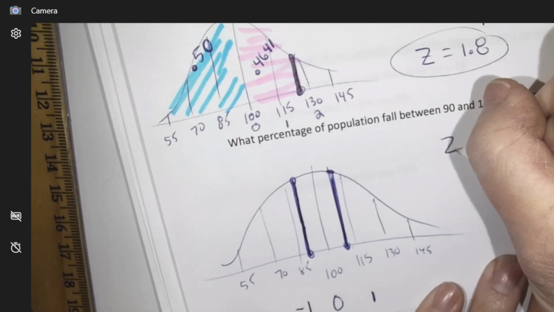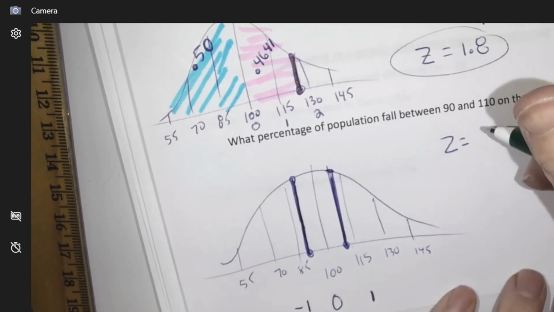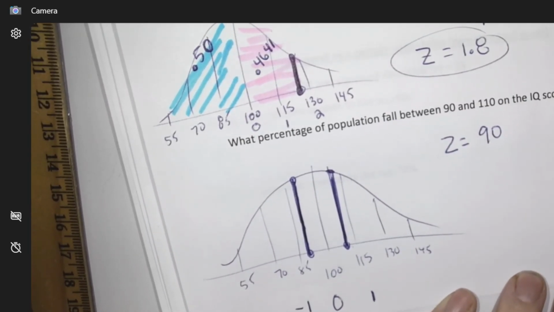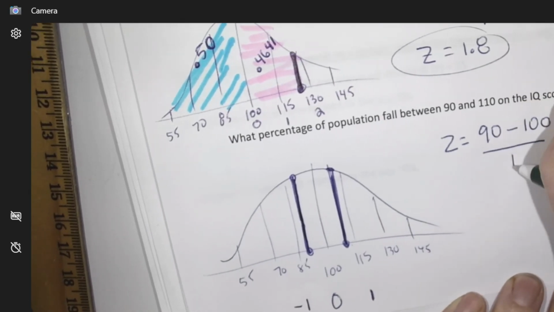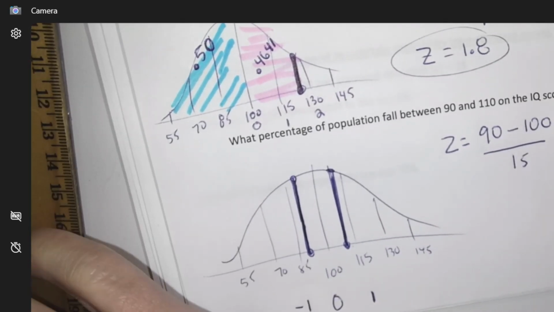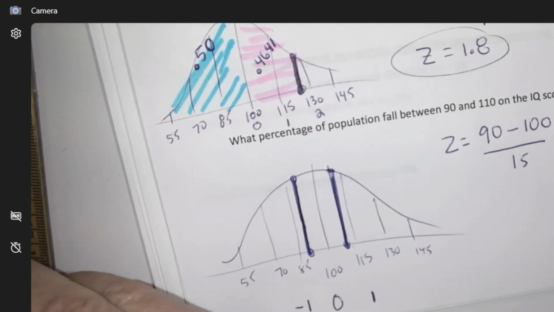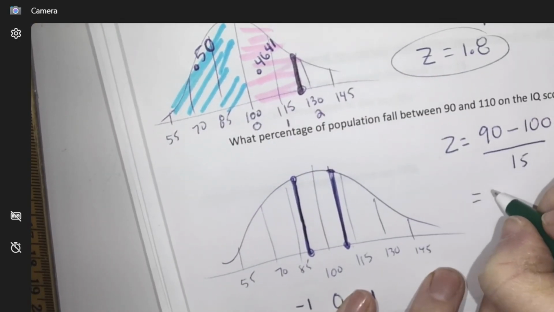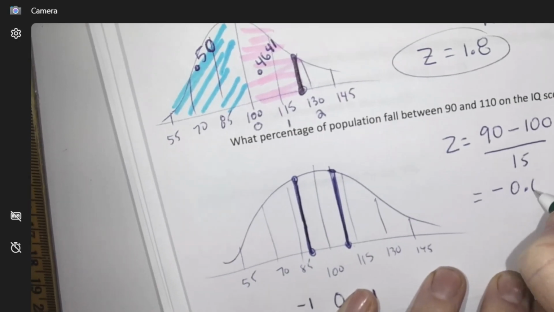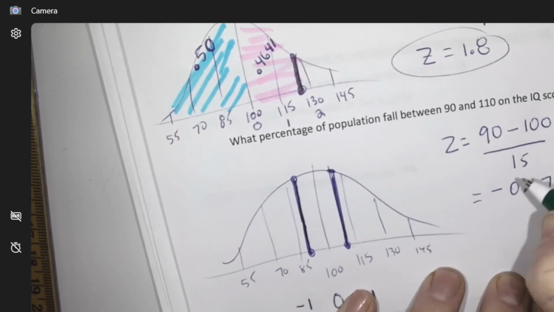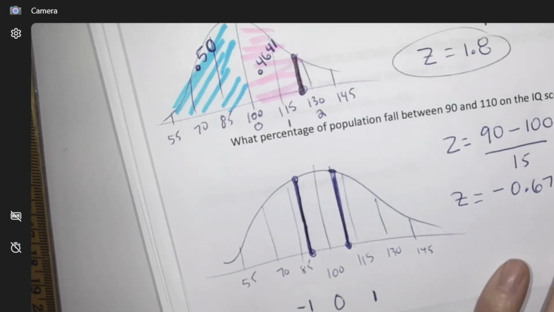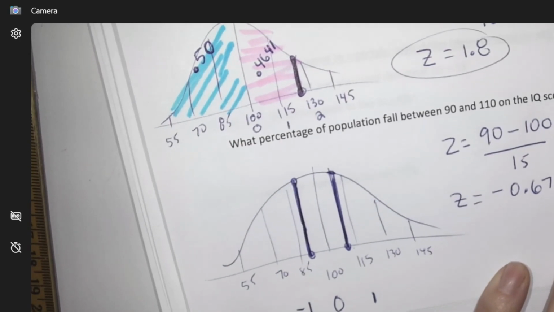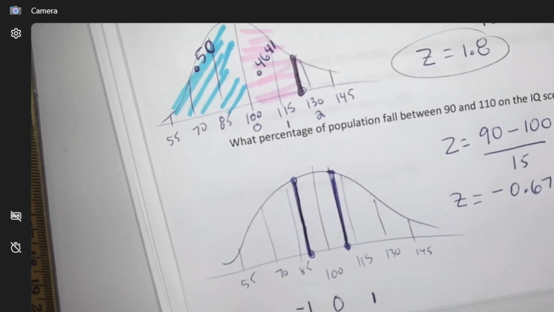Okay, so here I go. Z equals my score of 90, subtract the mean over the standard. Why do you do a dash on this? So it doesn't look like a 2.